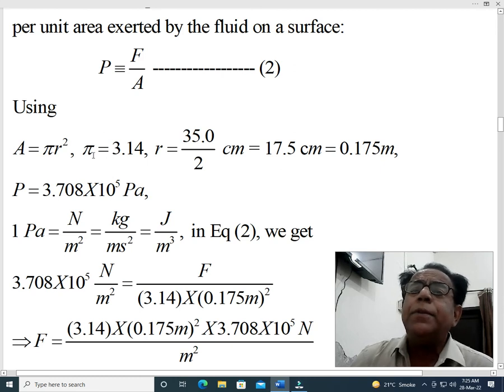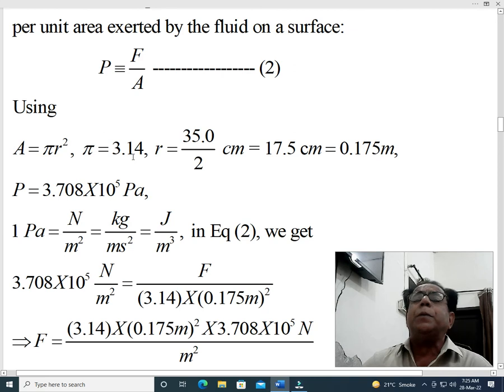The value of pi is 3.14, which we have already mentioned many times has a non-terminating, non-repeating decimal representation, but we have restricted its value only to two decimal places, that is, pi is equal to 3.14. Moreover, we have obtained radius r by dividing the diameter by 2 and then converting it into meter.